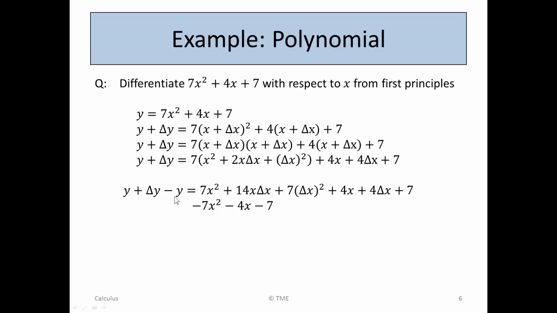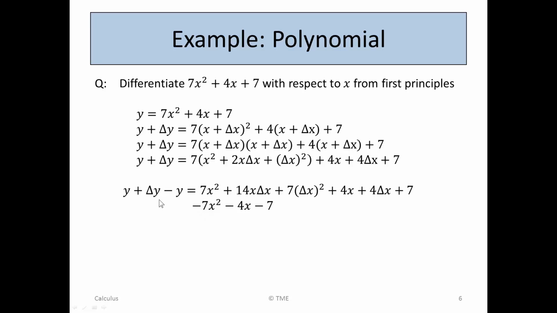So expanding the whole lot out, if we take this line here and substitute the y from it, we get y plus delta y minus y is 7x squared, 14x delta x, 7 delta x squared, plus 4x, plus 4 delta x plus 7, minus this part up here, 7x squared minus 4x minus 7.